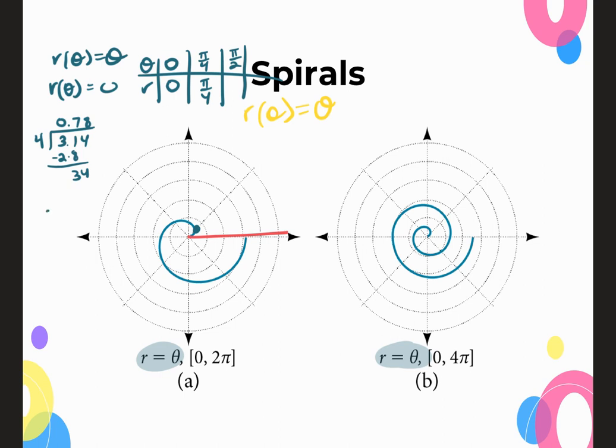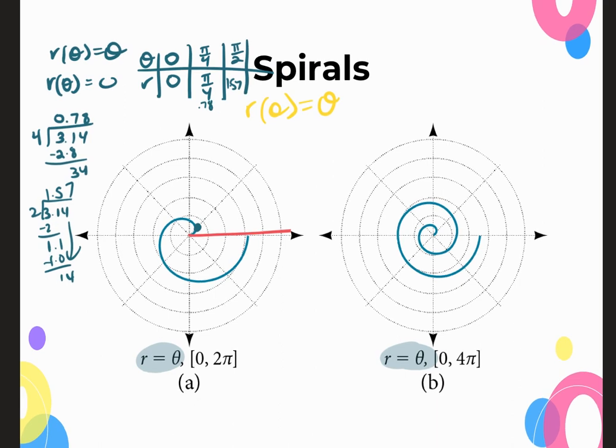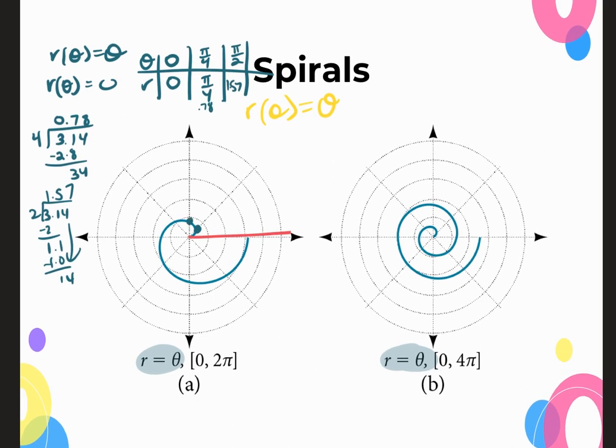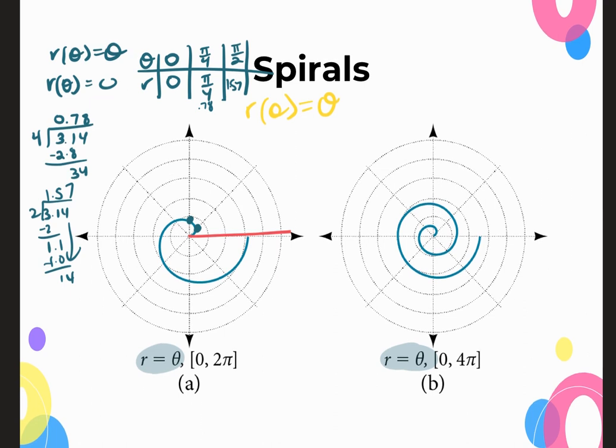Pi over 2, what's 3.14 divided by 2? 1.57. And that is what's happening up here. So as you go around your circle, when I hit pi, it'd be 3.14. When I hit 3 pi over 2, it'd be 1 1/2 times pi. When I hit 2 pi, it's going to be 6.28.